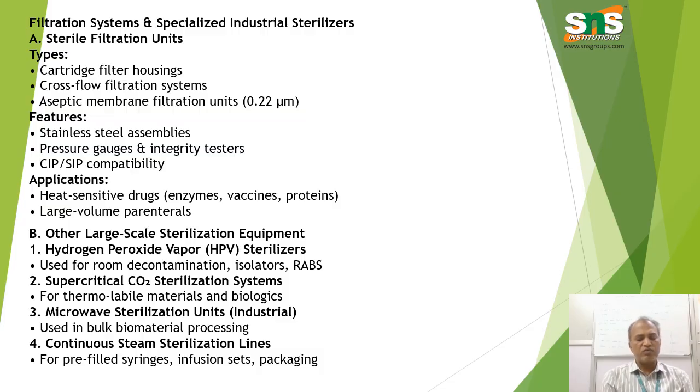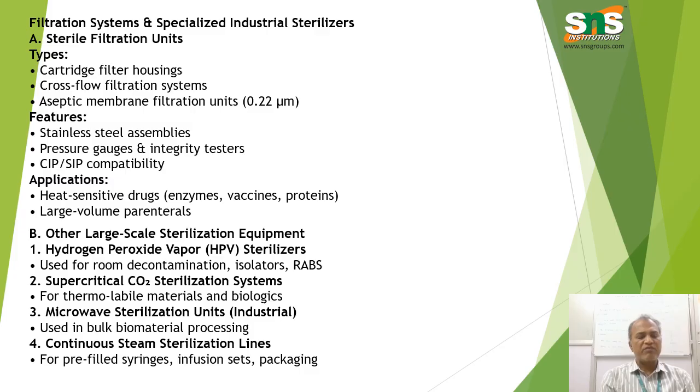For this reason, immunological products like enzymes, vaccines and proteins undergo sterilization by filtration. The filtration is made up of cartridge filter housings and aseptic membrane filtration with a size of 0.22 micrometer. That is the main property of filtration systems.